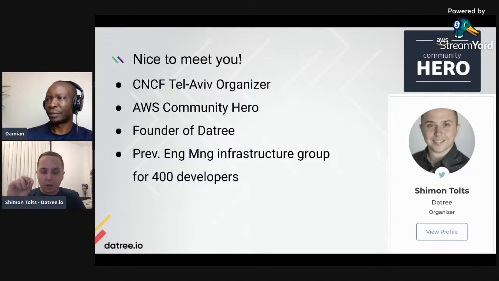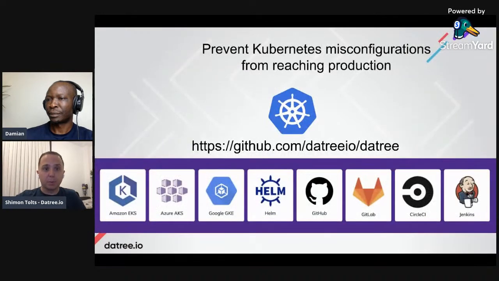So I'd love to take up 2-3 minutes of your time and tell you a little bit more about what we do and how we can help you. So what we do is we help prevent misconfigurations from reaching your Kubernetes. And we do that by providing a CLI utility that is open source. You can see it at github.com/thetree.